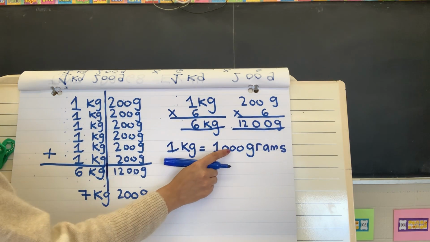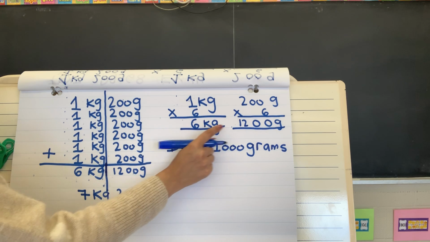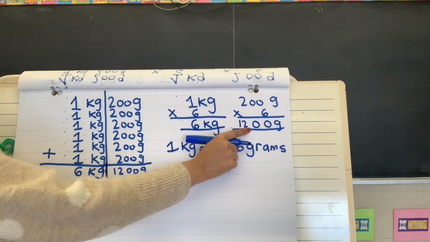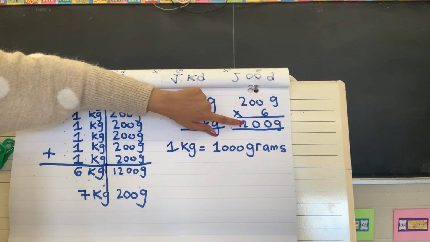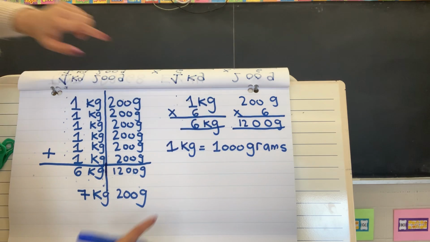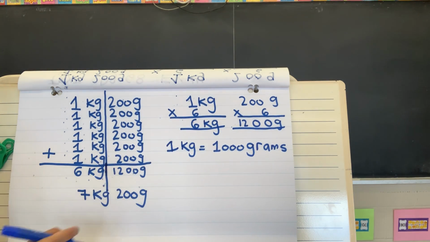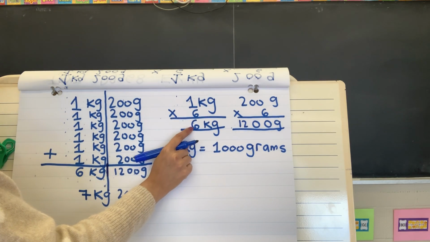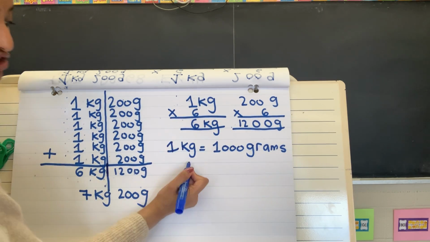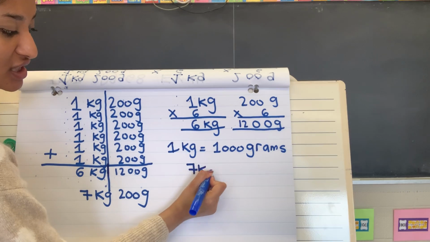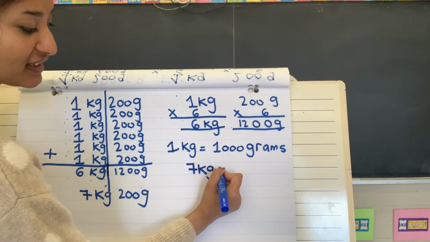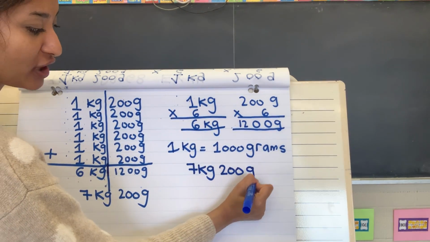So that means if I have 1000 grams here, and what is this? 1200. That means there's 1 more kg here, and I need to convert it to the kg column. So 6 plus 1 more kg would give me 7 kg and 200 grams.